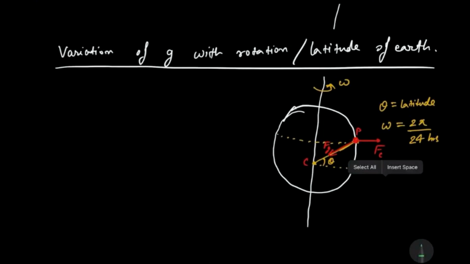Because see, we are accelerating, are we not? With respect to the axis, you can consider, or with respect to the center of the Earth. So P is in a non-inertial frame. So non-inertial frame is when the person is accelerating actually, and here is the person accelerating.